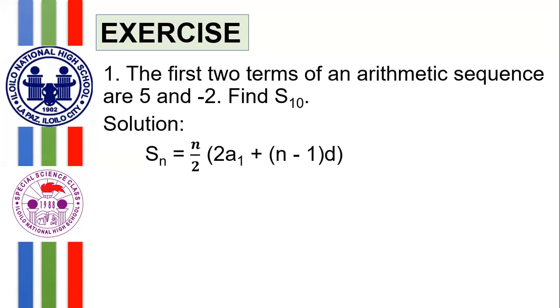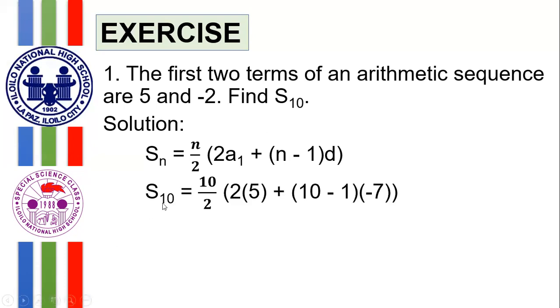And if you could see here, you actually know the common difference. Why? To get the common difference, you subtract the second term by the first term. So negative 2 minus 5, it's negative 7. So negative 7 is our common difference. That's why you have S sub 10 equals 10 over 2 times 2 times 5 plus 10 minus 1 times negative 7.